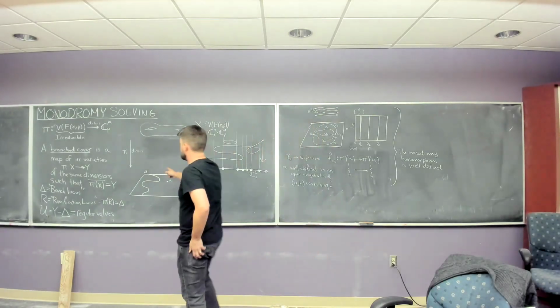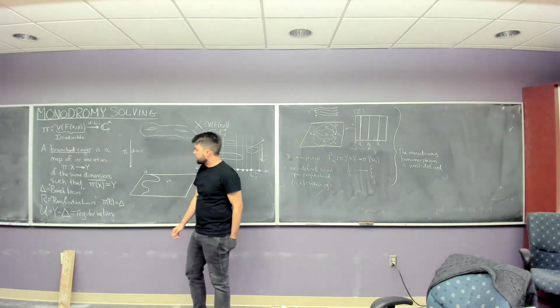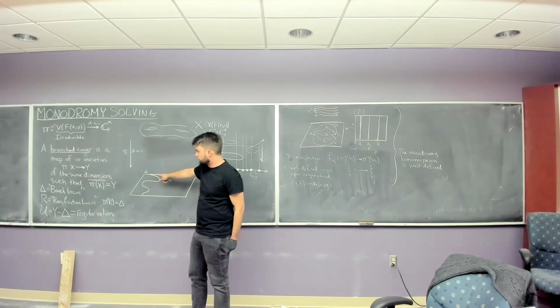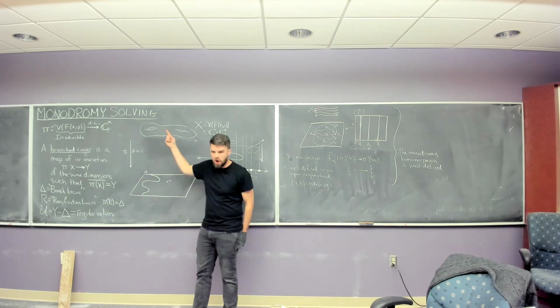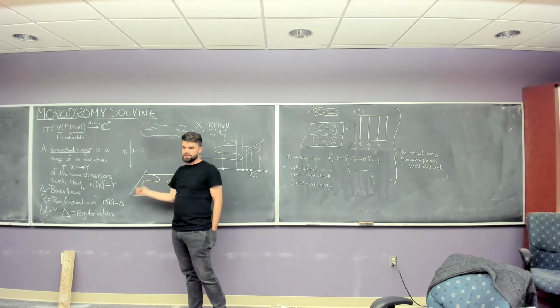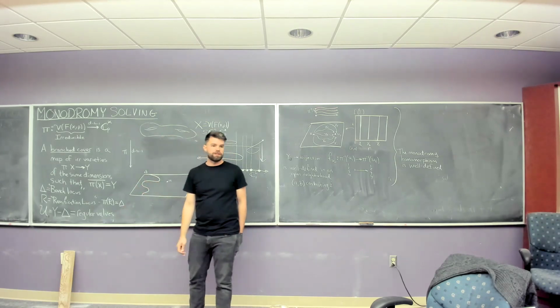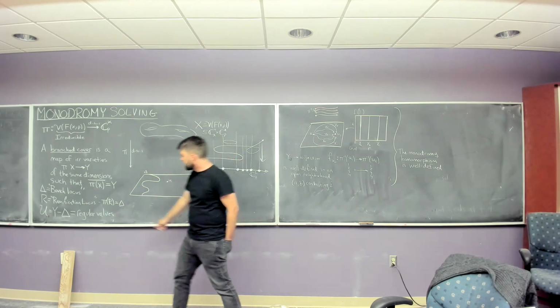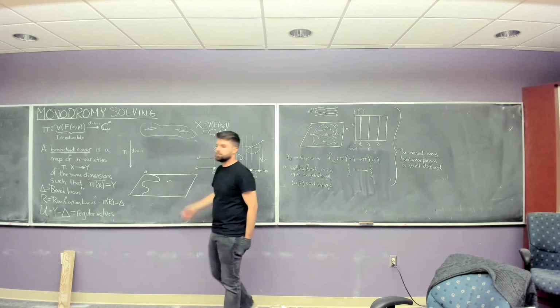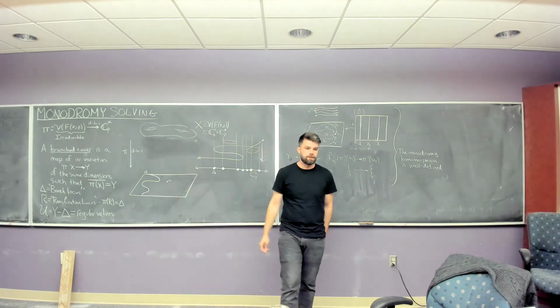So we've been calling this Delta downstairs the smallest variety containing all the points in the parameter space where things go wrong. We've been calling it the exceptional set. In the context of branched covers, it's called the branch locus. And the complement of the branch locus, we're still calling regular values or regular parameters.